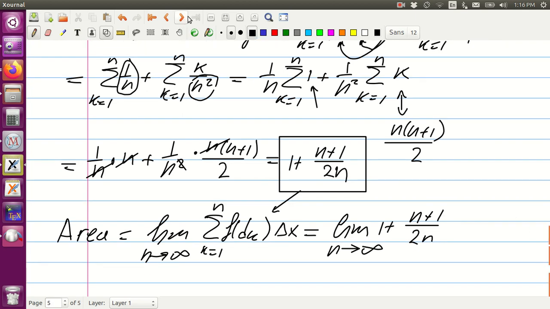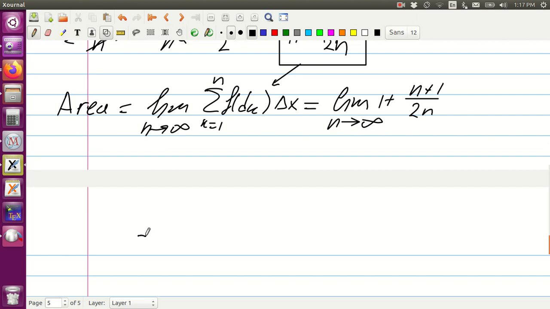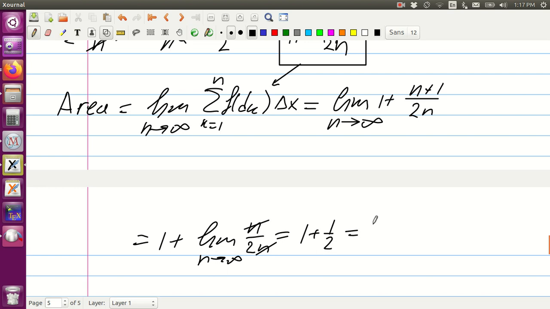And as you remember, the limit of 1 is just 1, plus the limit of the leading terms. So n and n we can divide, so it's 1 plus 1/2, which is equal to 3/2, which is exactly the same answer as we found in the previous lecture.